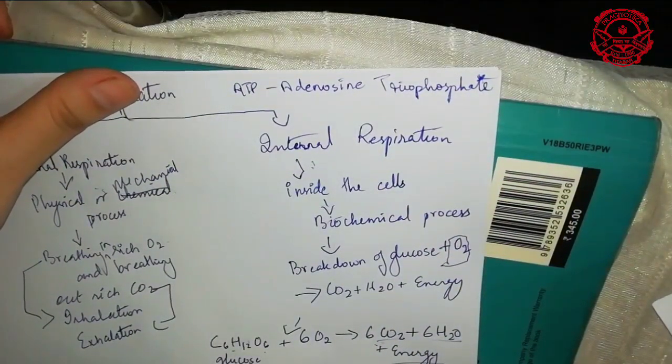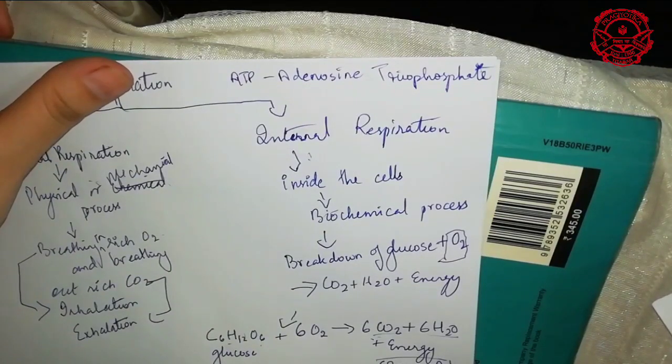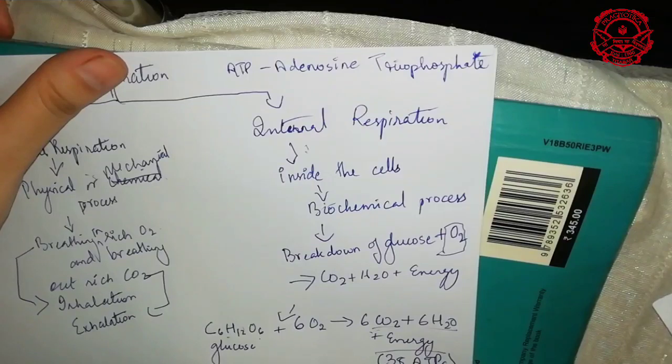This ATP is an energy rich chemical substance that gets stored in your cells. In your cell, these ATP molecules are stored, so they can be broken down anytime you need to release energy. Whenever you need this energy, it can be used at any time.